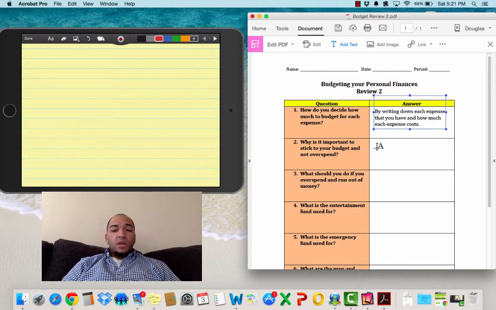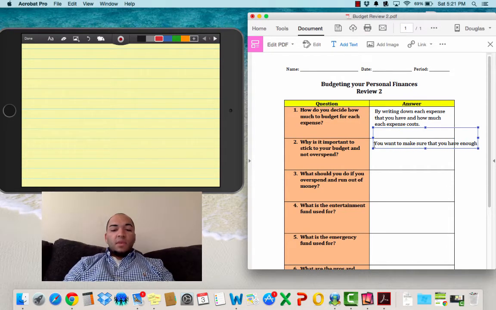Okay, number 2, why is it important to stick to your budget and not overspend? Well, this is a very simple question, guys. It is important to stick to the budget because you want to make sure that you have enough money for all of your expenses every month.